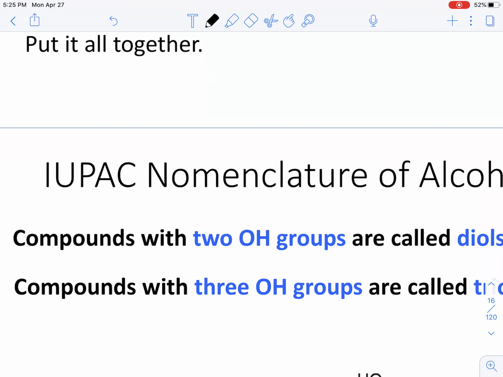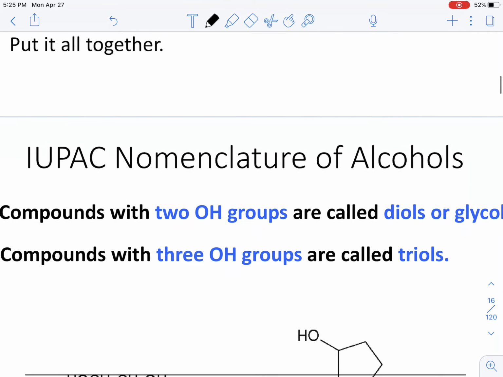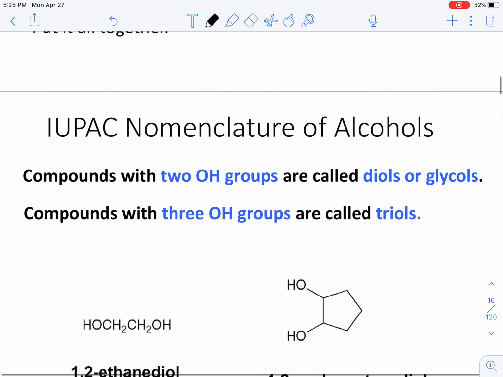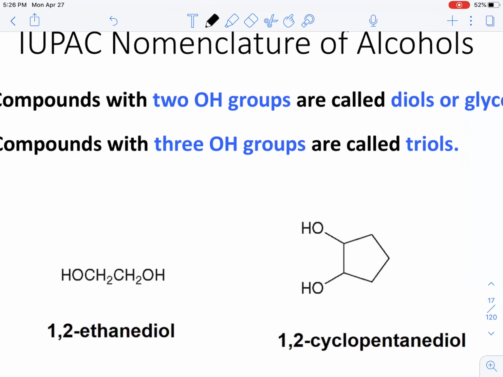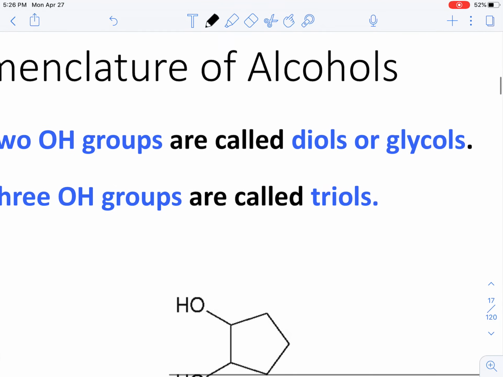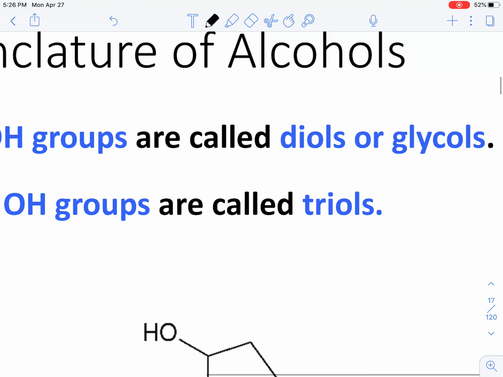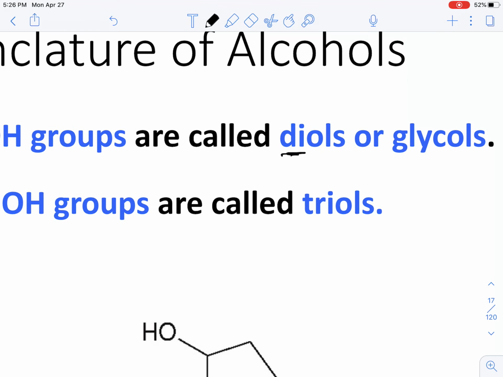And so is it possible to have organic compounds with 2 or more alcohols? And the answer is yes. And so if you guys have compounds with 2 or more OH groups or alcohols or hydroxyl groups, whatever you want to term them to be, because they're all synonymous, then you're going to put a prefix in front of the OL. So, for example, diol.